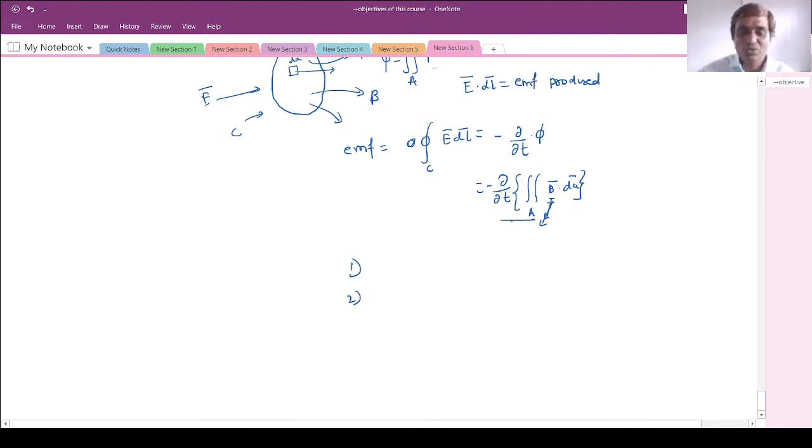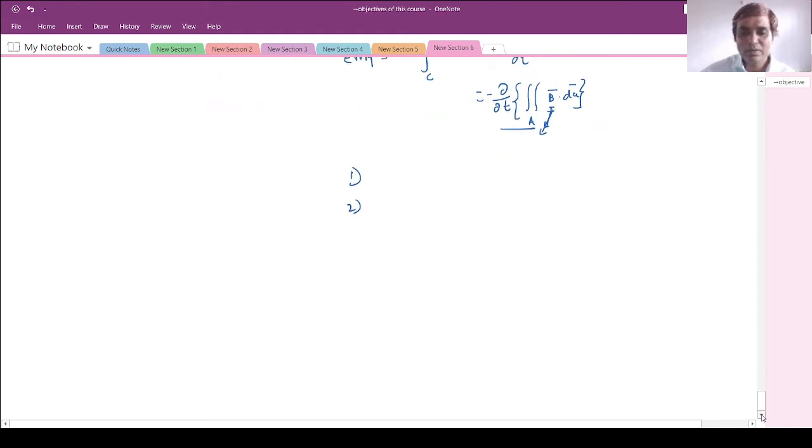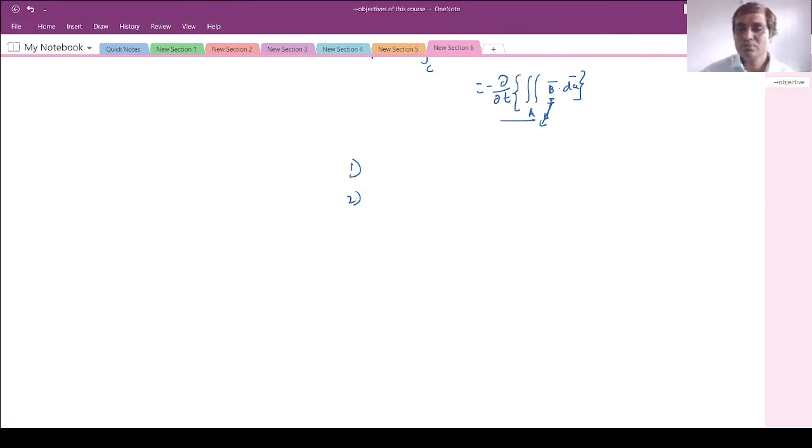So here we will keep the magnetic field changing and the area fixed and constant. Basically, we are interested in B, the magnetic flux density, as a function of time, that is time-varying flux density.